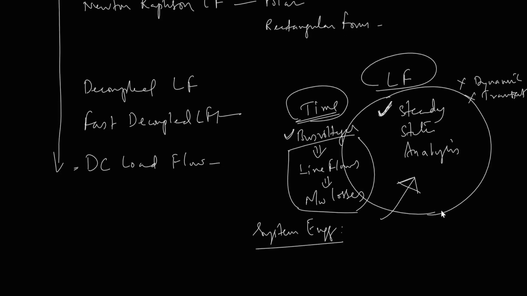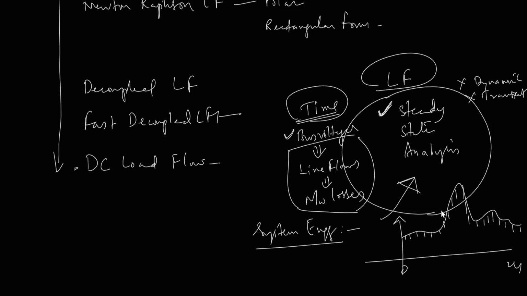What I want to study is, for a given 24-hour load pattern, I want to run my load flows at different varying load intervals like this.